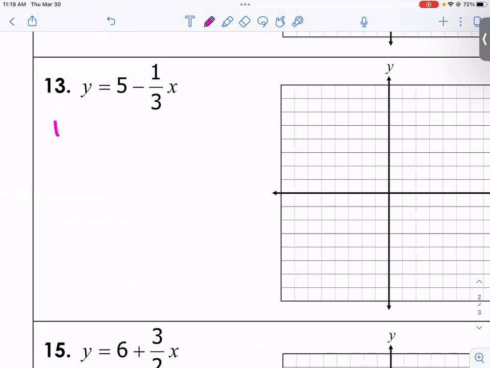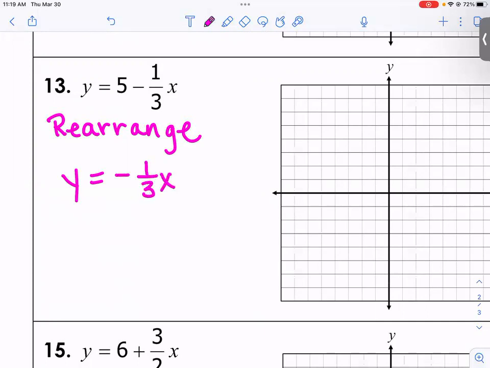We need to rearrange this to where we have y equals, our mx needs to come first. What is the coefficient for x? Thank you, negative 1/3 x. And then is that 5 a positive or a negative?